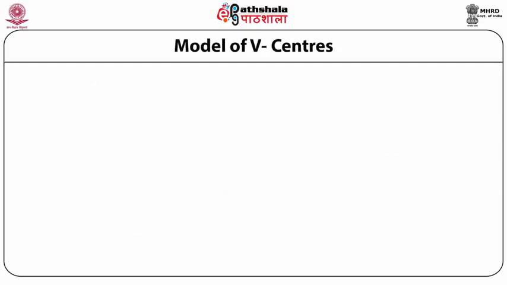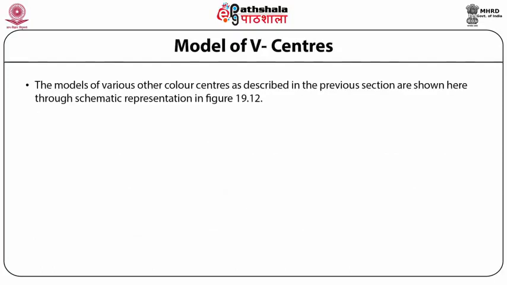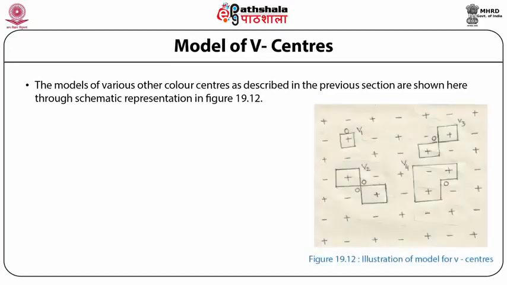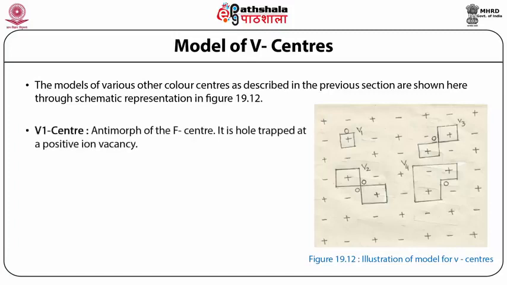Model of V centers. The models of various other color centers, as described in the previous section, are shown here through schematic representation in figure 19.12. V1 center is an antimorph of the H center.